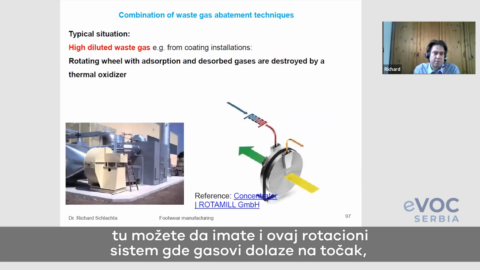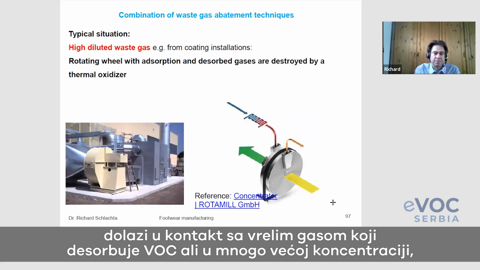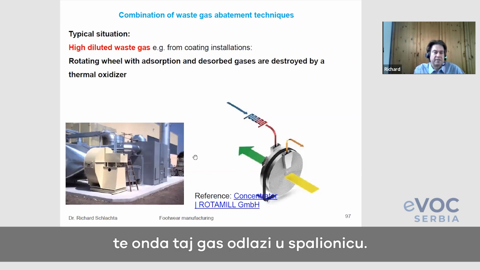So you extract the VOC gases from all the working places and put them to that wheel. That wheel is turning, and in the first step you have the adsorption, and when it's turned, you put hot air on it, and the VOCs will then be desorbed in a very concentrated way, and they will be fed to a regenerative thermal oxidizer.